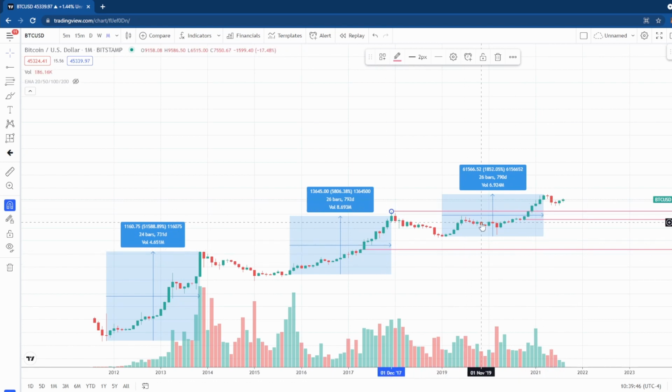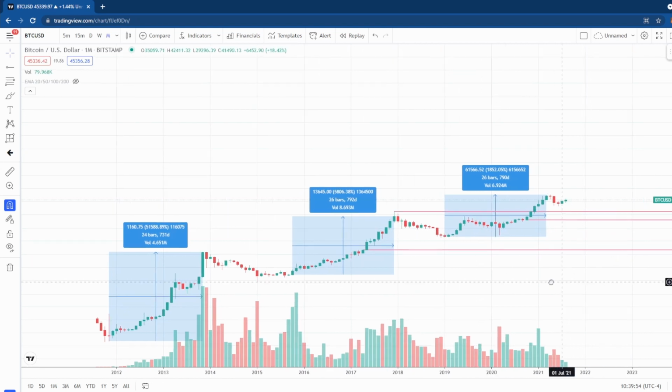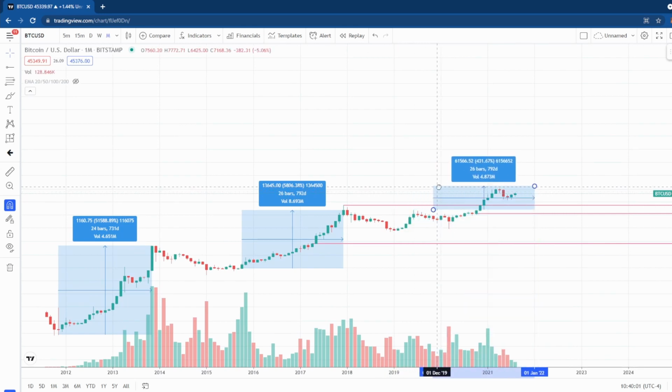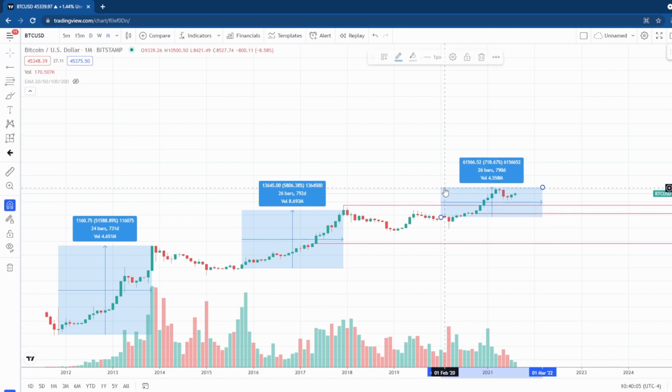So if we move this goalpost, right, if we're in a 2 year bear cycle here, 2-3 years, then we should be moving this up a bit, right? And if this is the case, then we still have some room to go here, right? Which would line up with, see, this is the bull case, okay?